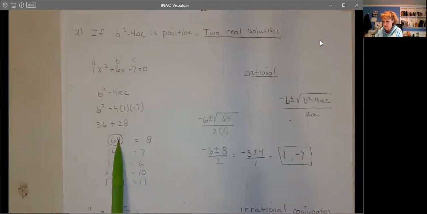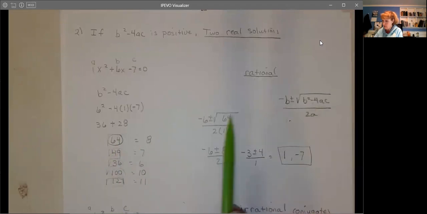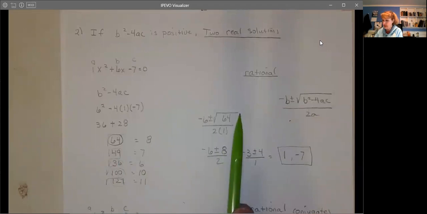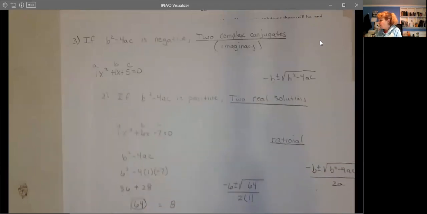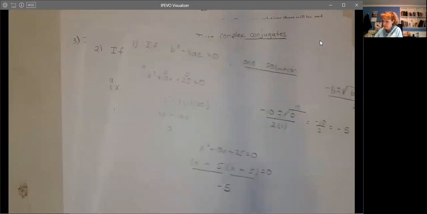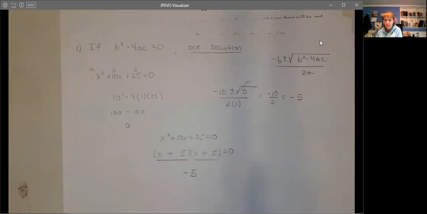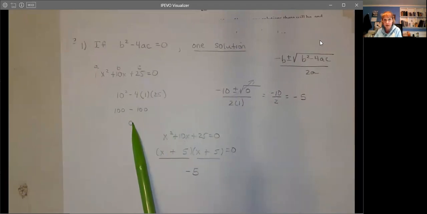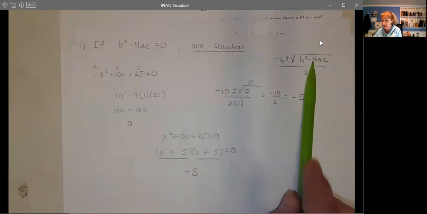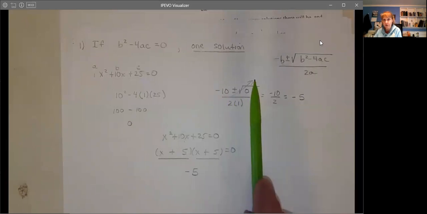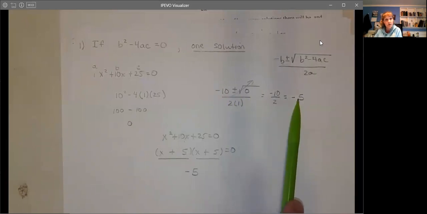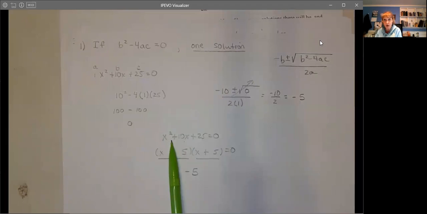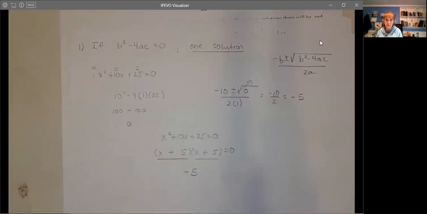Why, when you put this back in underneath the radical, you can simplify it to a number where the radical is gone, which makes it two real rationals. Or our first one, if you get a 0 for a discriminant, why do you only have one solution? Because when you put that discriminant back in, this part is gone and you're left with one solution. It also means that you have a perfect square trinomial, which is very easy to factor.